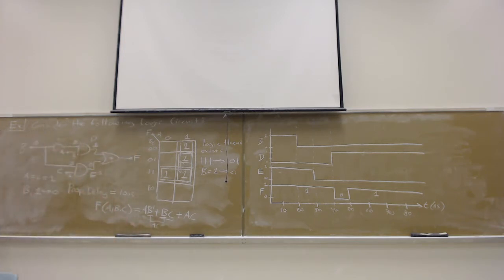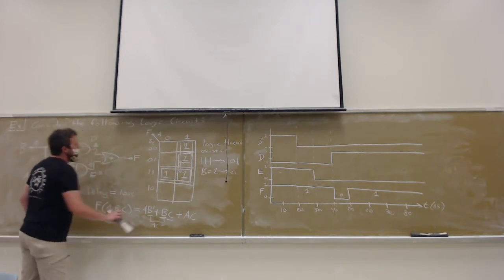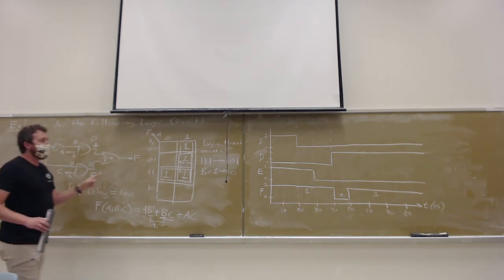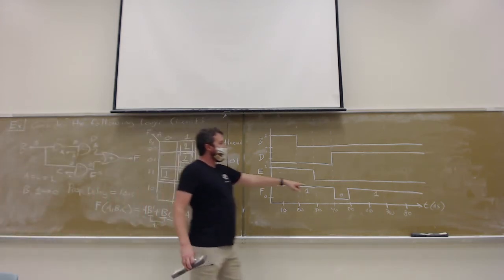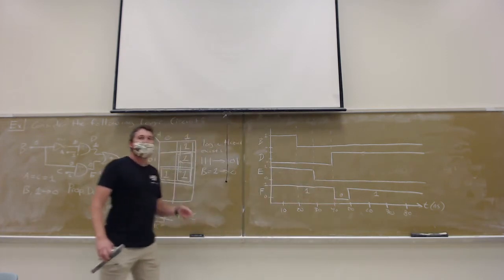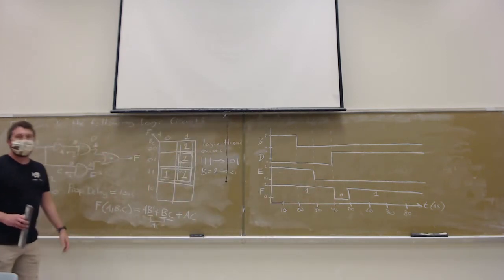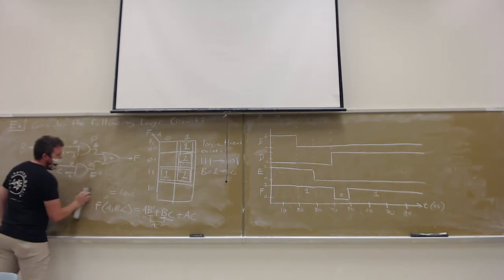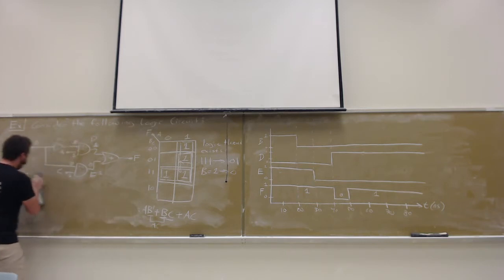So we're going to add back a redundant term to our logic circuit. It's redundant, meaning it doesn't affect the truth table, but it will protect us from logic hazards. So we're going to sacrifice a little bit of efficiency for safety. So what we do is take this circuit and add in a gate.